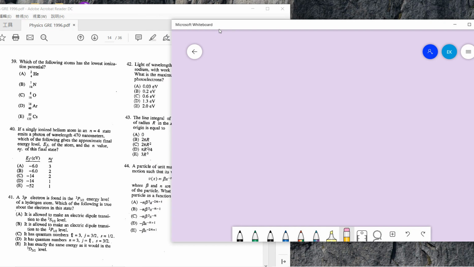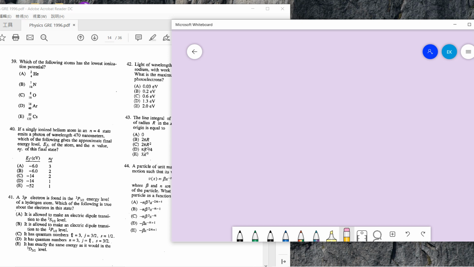Okay, so 39. Which of the following atoms has the lowest ionization potential? It's common sense that if your atom has a closed or fully occupied shell, then your ionization energy will be high, because it's hard to ionize.